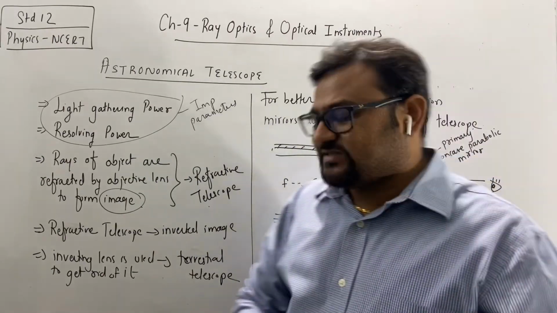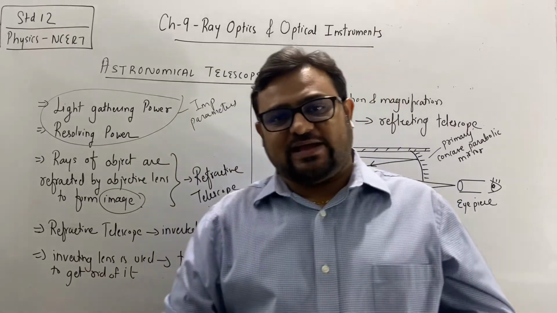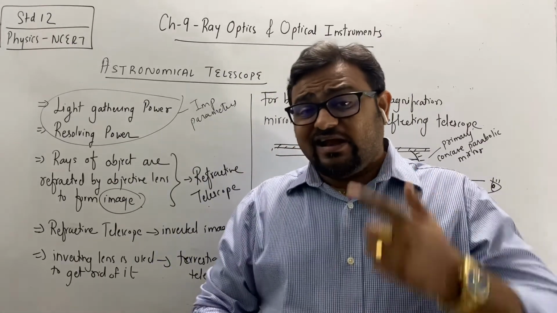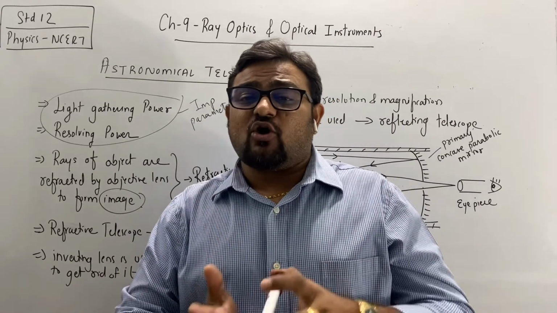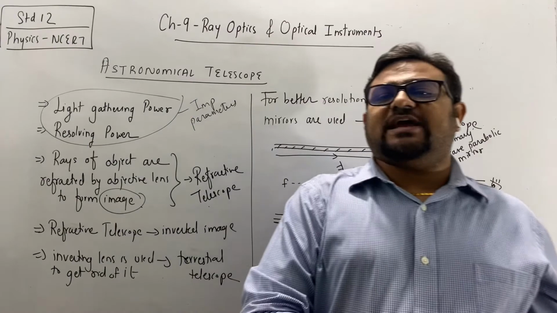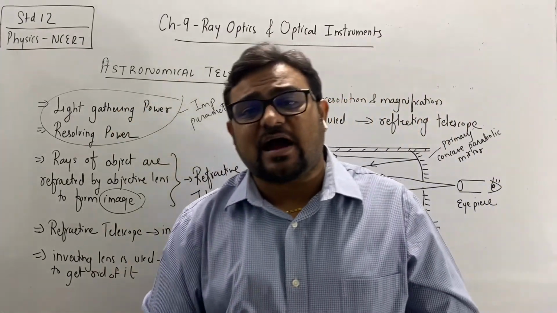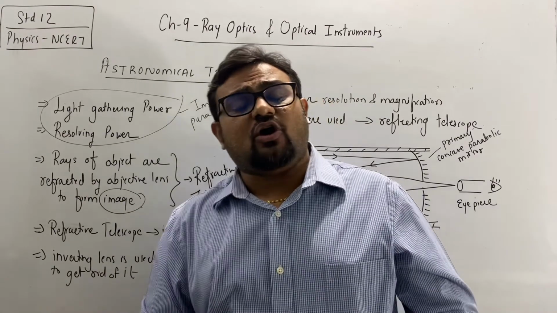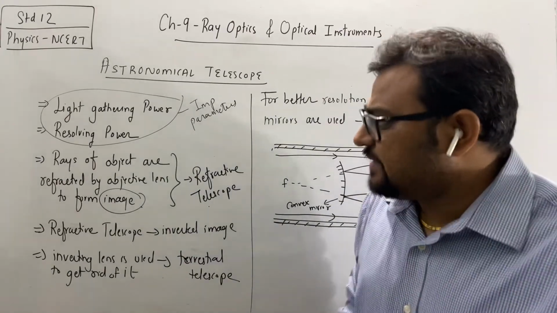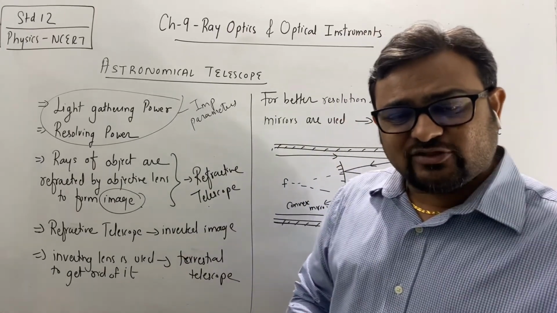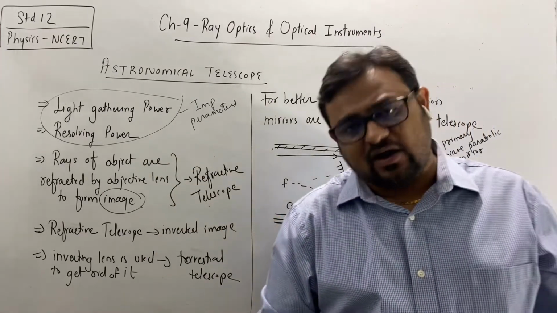Light gathering power means the amount of light entering through the objective lens, and that is directly proportional to the square of the diameter of the objective lens. So to increase the light gathering power, the diameter of the objective lens must be kept higher. And the higher the amount of light entering through the objective, the higher will be the resolving power.